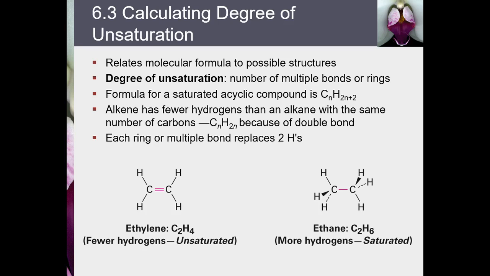So parehas naman silang two carbons. But in the presence of a double bond, ilan na lang siya? Naging apat na lang yung inyong hydrogens. But in an alkane, like ethane, you have six hydrogens. So, kapag nagkaroon ka ng double bond, ang difference nila is two hydrogens.